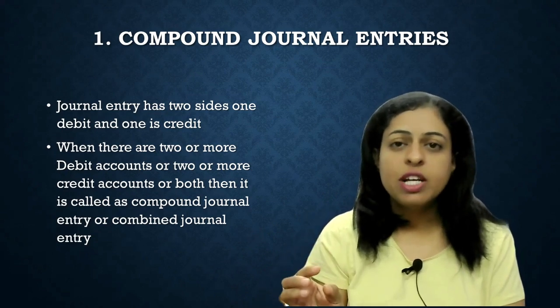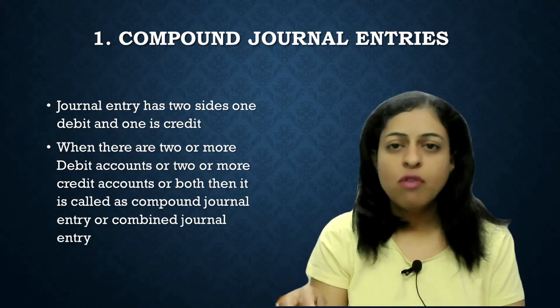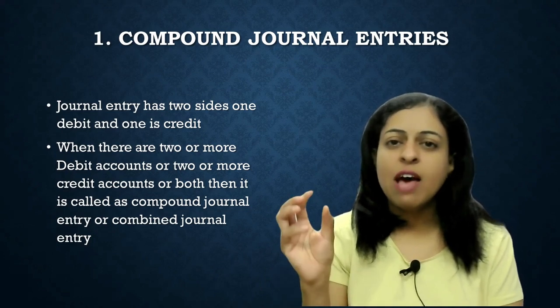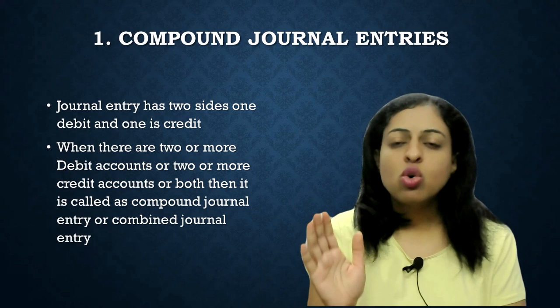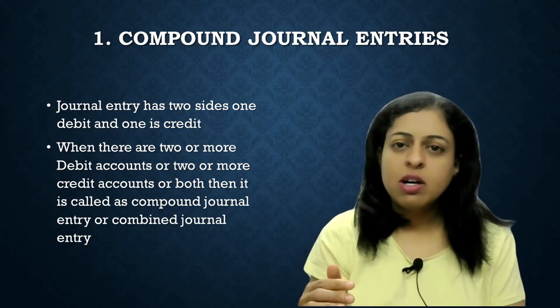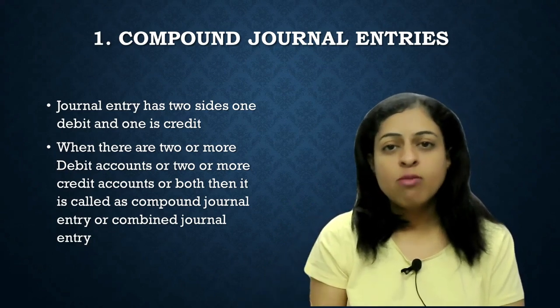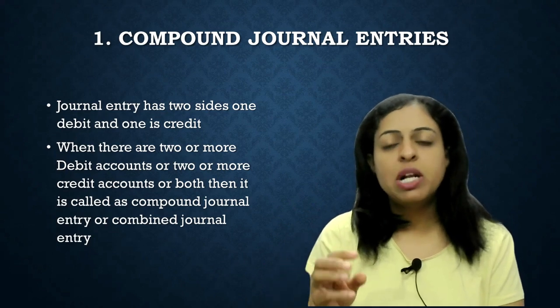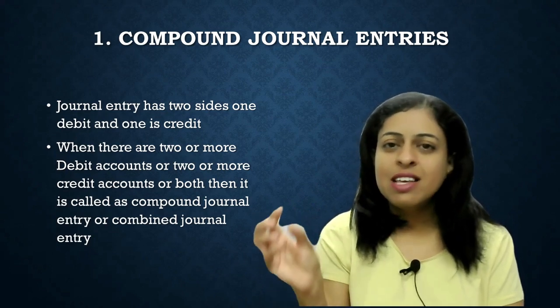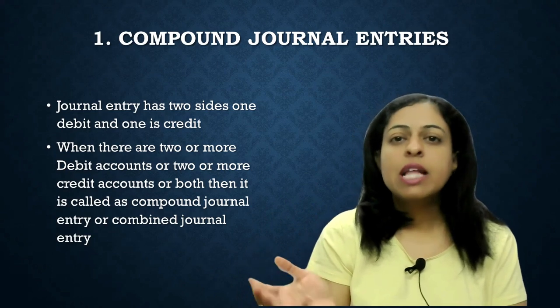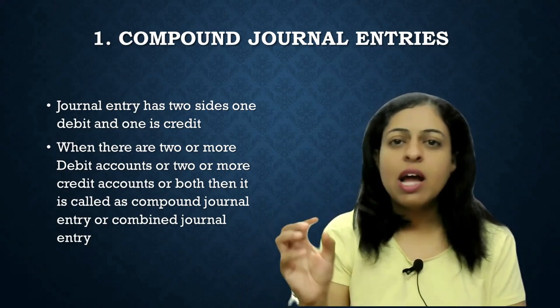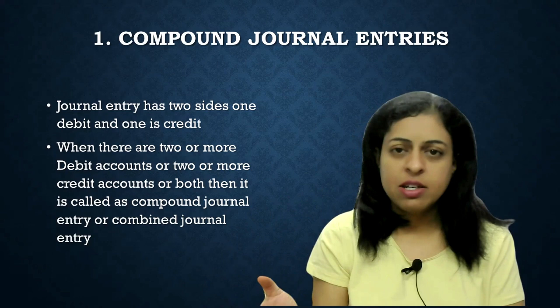In compound journal entries, you will have a combination of different journal entries together if they have common accounts. So you will have more than one debit account, and you may also have more than one credit account. So it could be like more than one debit account and a single credit account, or there could be a single debit account and more than one credit account.